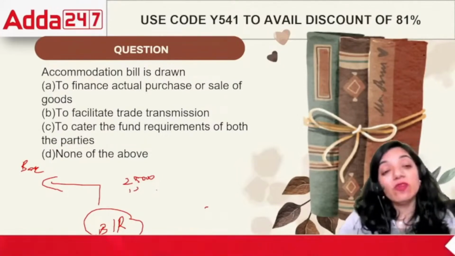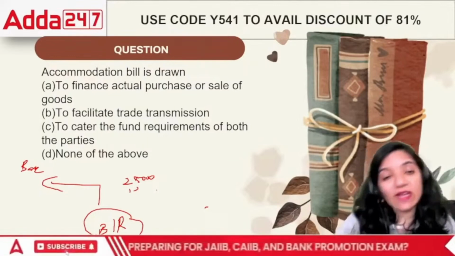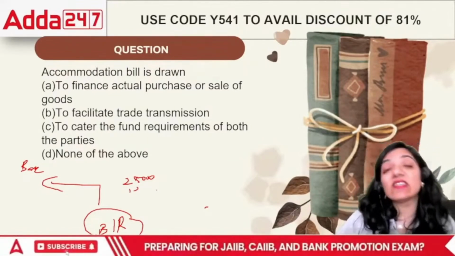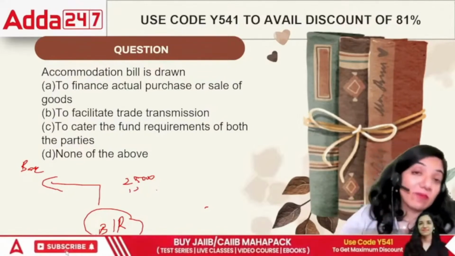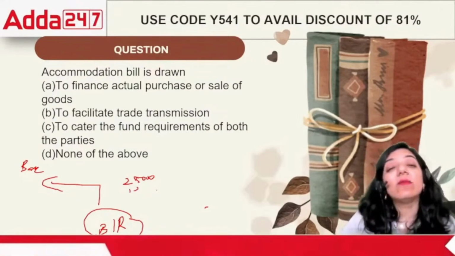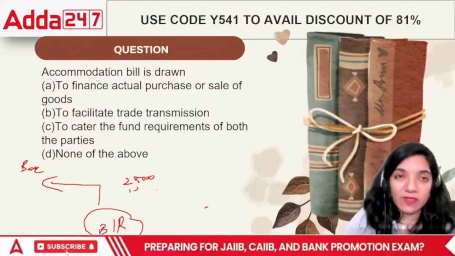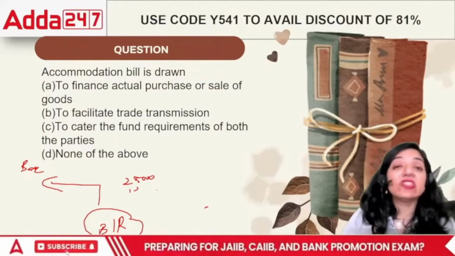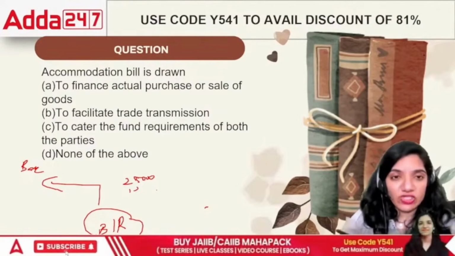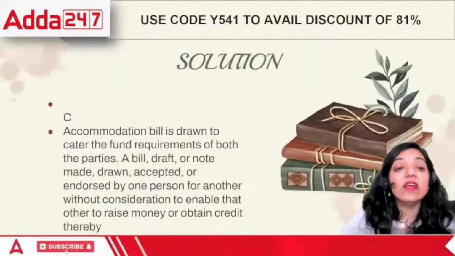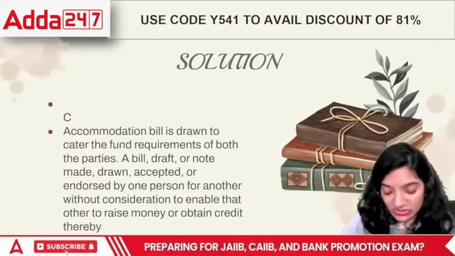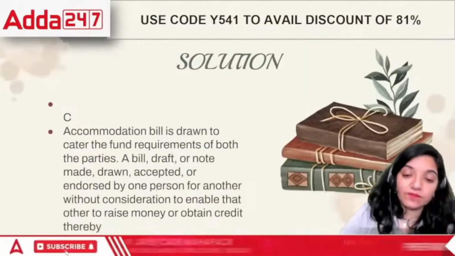Both of them will share that money among themselves. After 3 months they will club their money and give it back to the bank. In this case, they are accommodating bills. They are basically helping each other in generating funds, so this is done to cater the needs of both the parties.